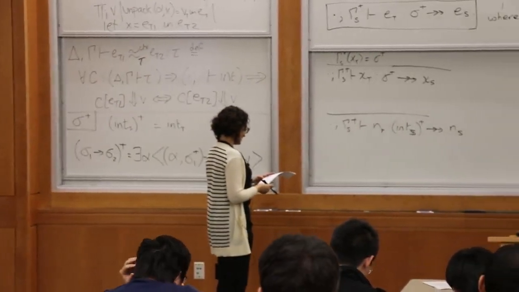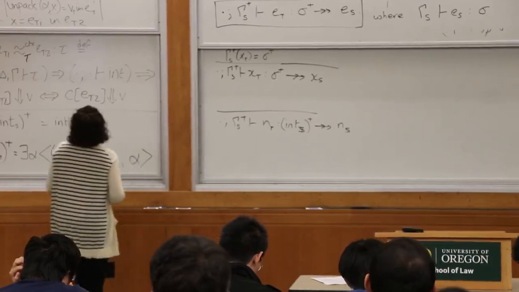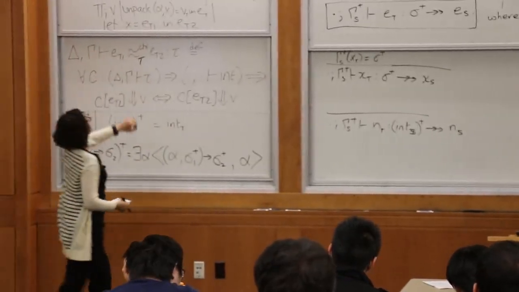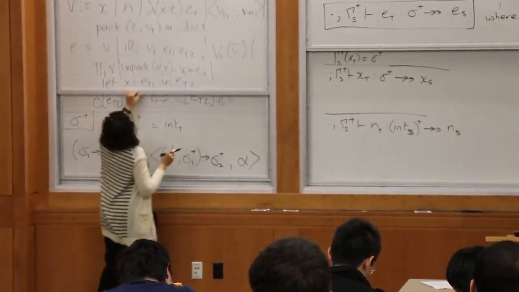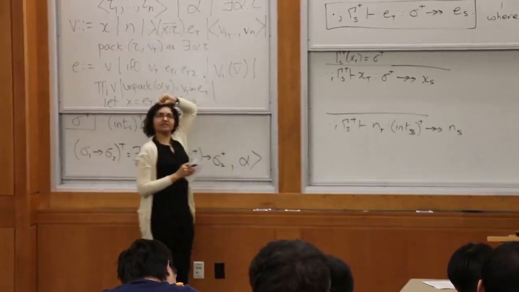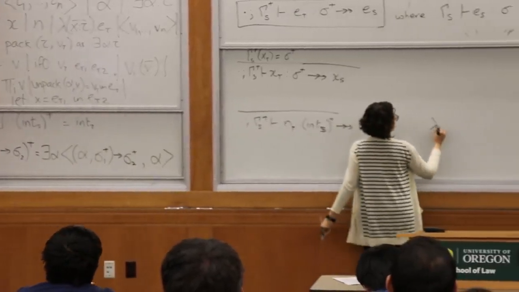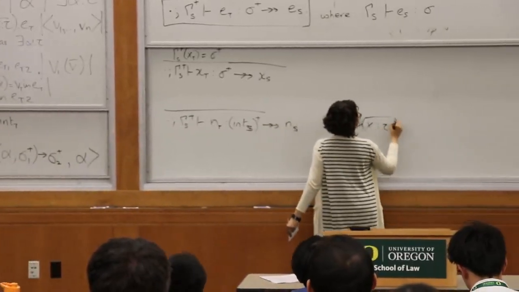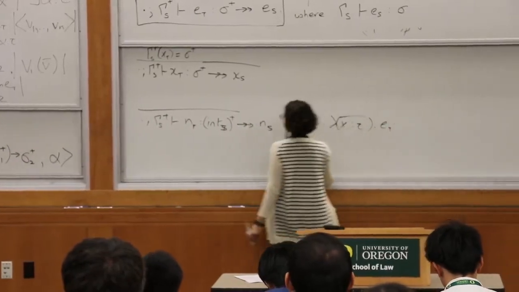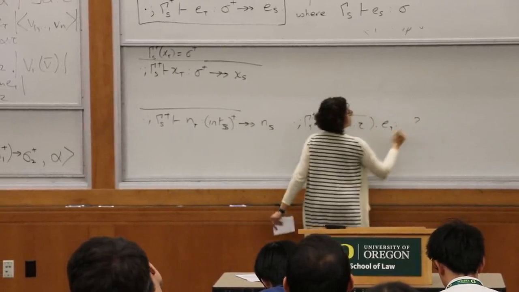Okay. Next. What do we have to translate next? Let's just go through our list. Done, done. Lambda x_t. What's the type of lambda x_t?